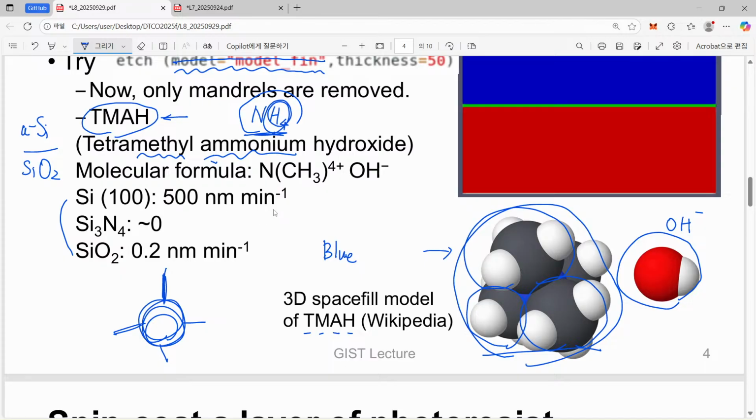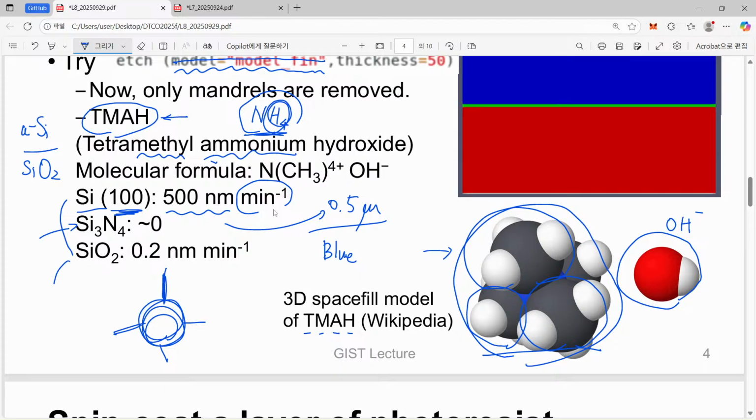Here we have silicon, and for this surface, per 1 minute, it can etch 500 nanometer. 500 nanometer corresponds to 0.5 micrometer. This is huge. And in the case of silicon nitride, it is virtually zero. It is not damaged at all by this chemical etchant.